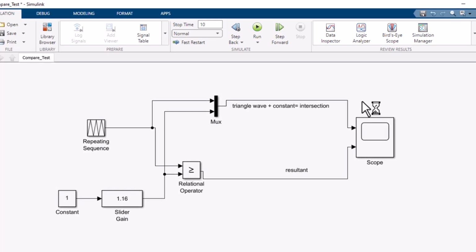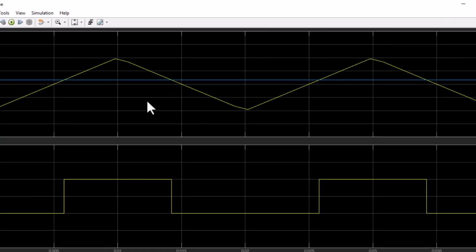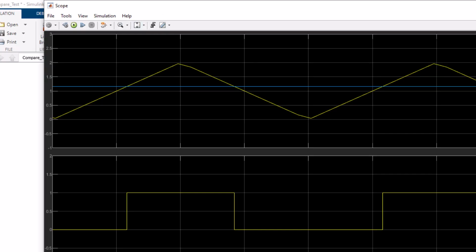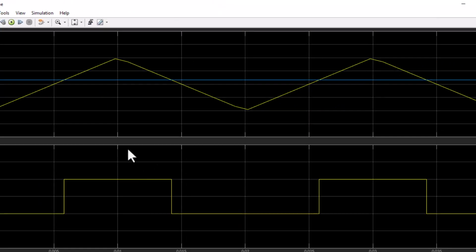Click on the scope and you can see here, it's a very beautiful graph. The yellow color is the triangle wave, and this is my intersection with the 1.2, and you are getting a resultant pulse here.